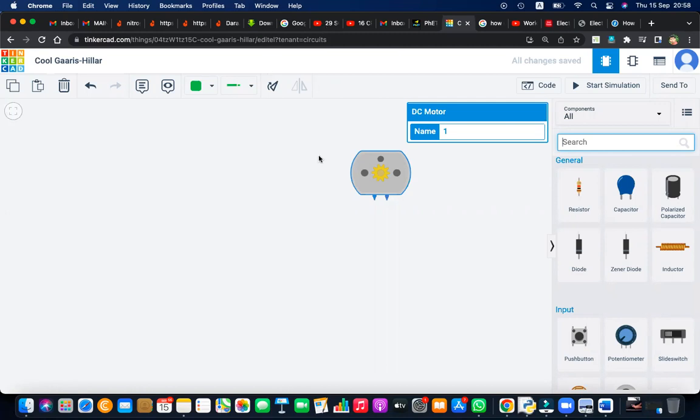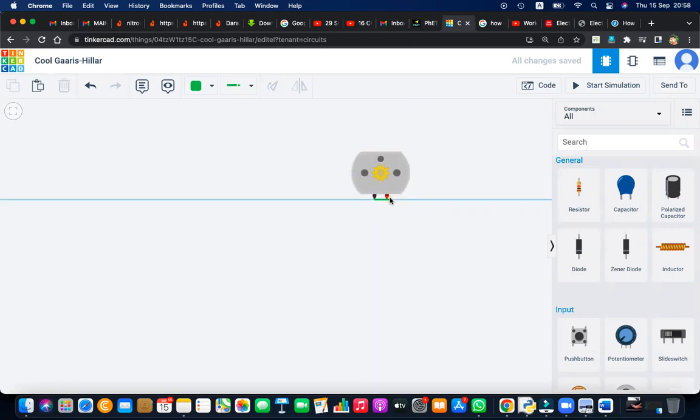You have to try this. Get a motor and rotate. To these ends, please connect a bulb and see what will happen.